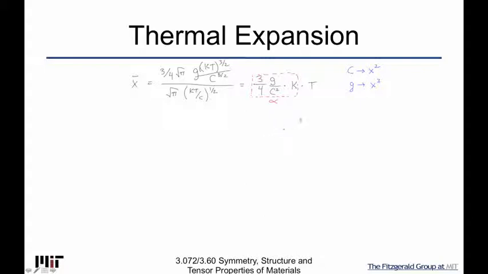The other thing is that G was the new part that we've really added to give us that asymmetry. So you can kind of see that G, which was connected to x cubed, is the anharmonic part, the part that is not x squared. And you can see here that if we were to set G to 0 so that we have a pure parabola, actually x bar would go to 0.